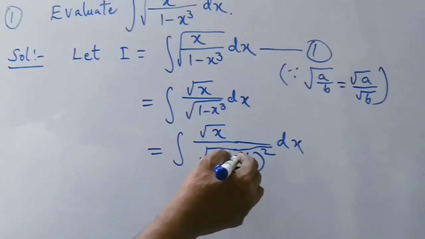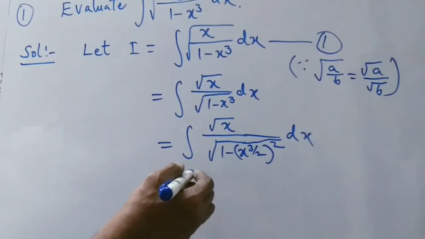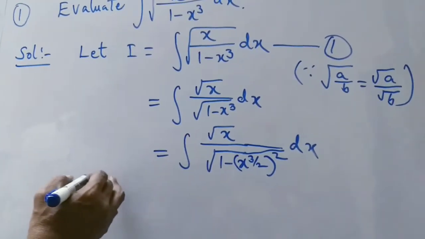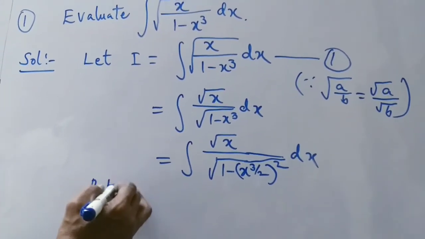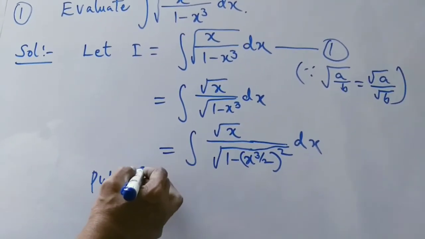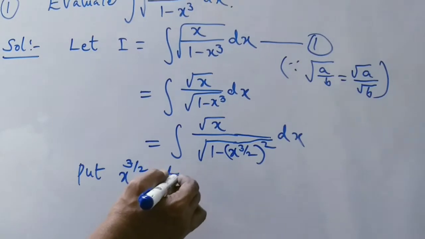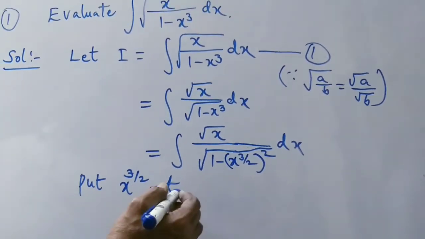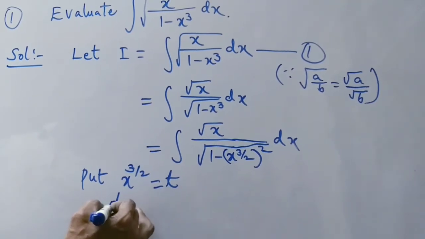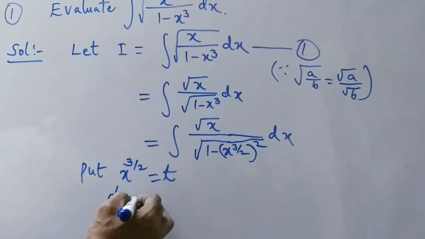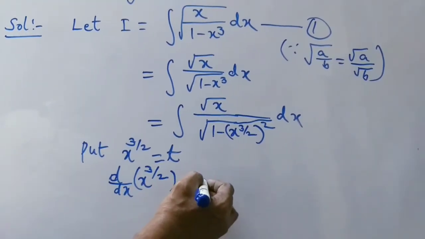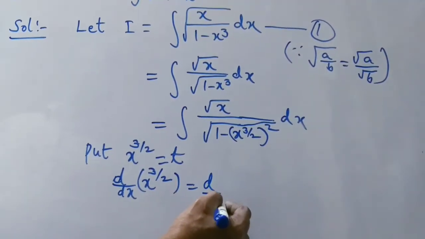So put x to the power of 3 by 2 is equal to t. Differentiate it on both sides with respect to x. d by dx of x to the power of 3 by 2 is equal to d by dx of t.